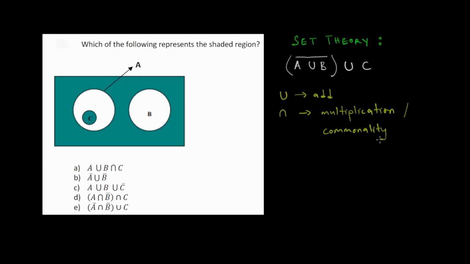What is common between 2 sets? So this is going to be our first option, A union B complement, then also union C. This union is adding this small shaded set of C, which also happens to be a subset of the set A.